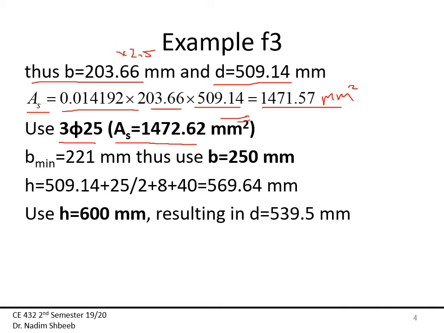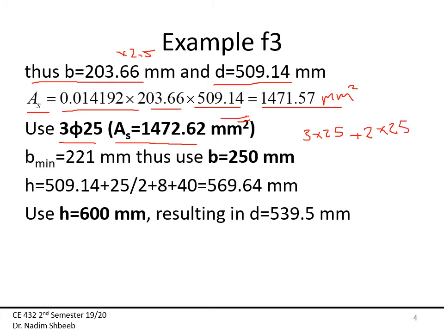So now, since I'm using 3 bars of 25, I want to know what would be the minimum B that will contain these three bars. So in this case, my B minimum would be 3 times 25, which is the number of bars, plus n minus 1 for spacing, so that's going to be 2. Since my diameter of the bar is equal to 25 millimeters, I can make the same spacing, which is 25.